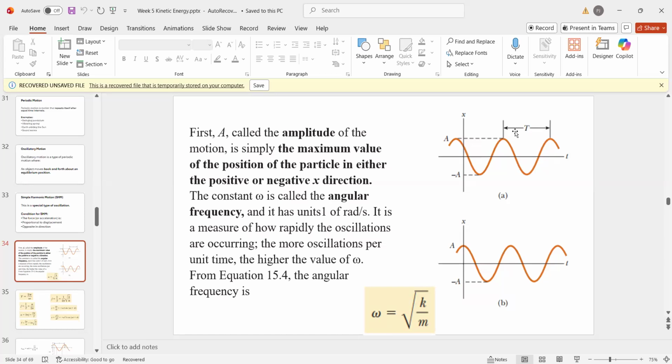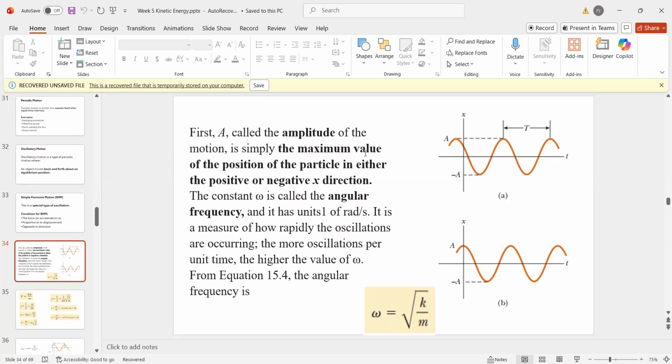You can use the formula to find the frequency anytime that you have the period. And we have angular frequency. So basically, we are talking about angular frequency, where we are looking at motion in a certain direction.